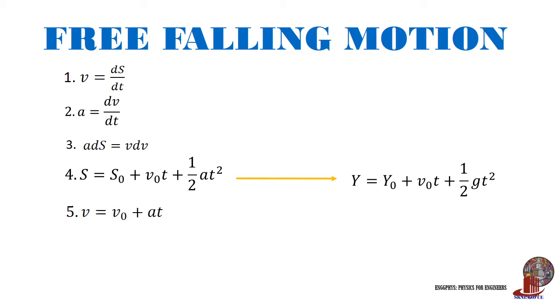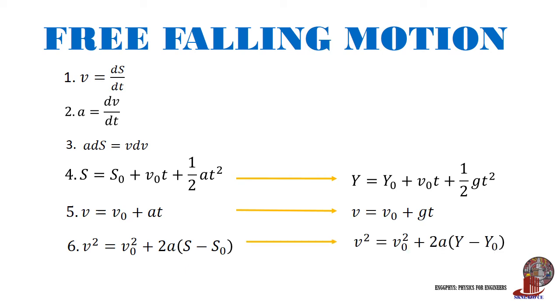Velocity, which is equal to v naught plus a t, would turn out to be velocity is equal to v naught plus g t, and velocity squared is equal to v naught squared plus 2a times (s less s naught) would be equal to velocity squared is equal to v naught squared plus 2a, this time (y less y naught).